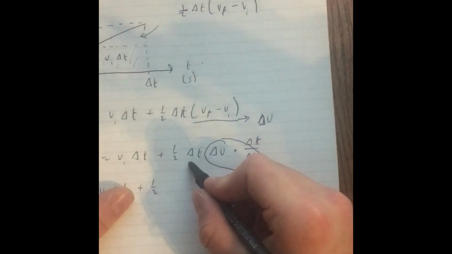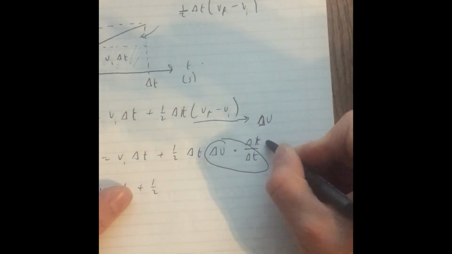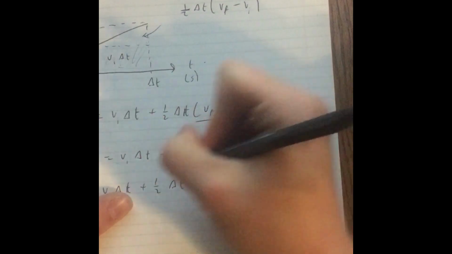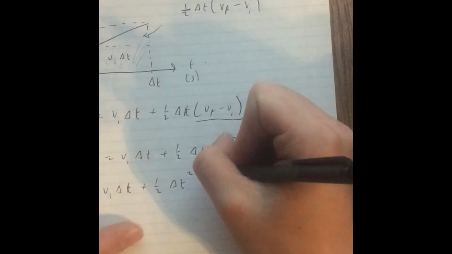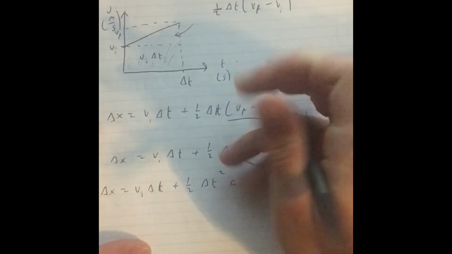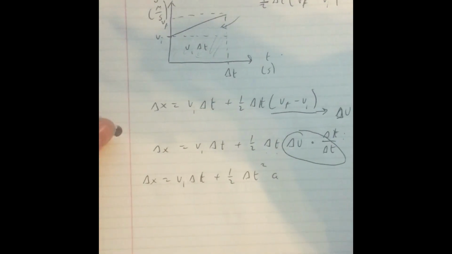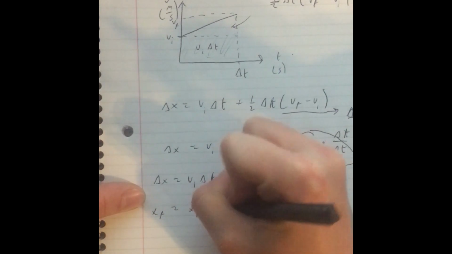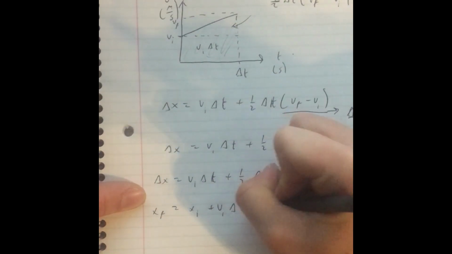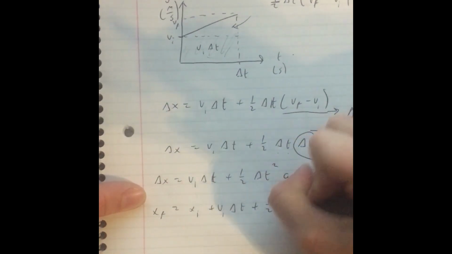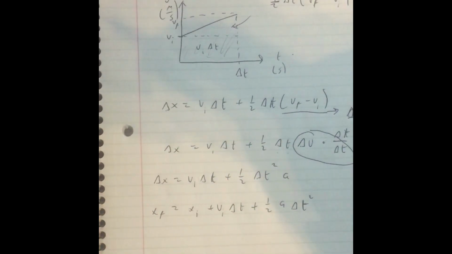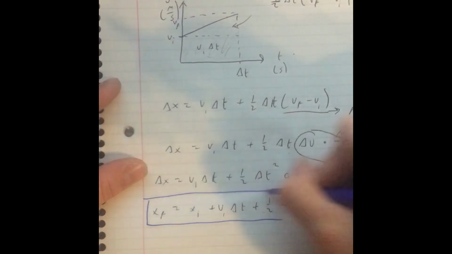And then we have 2 leftover change in times. Those are both going to be in the numerator. So 1/2 change in time squared times acceleration. Or restated, final position equals initial position plus initial velocity times change in time plus 1/2 times acceleration times change in time squared. Quite the mouthful. But this is going to be our 4th and final kinematics equation.